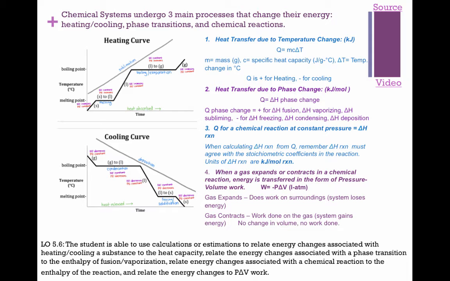And then if you wanted to go all the way from here to here, you're going to do Q equals MC delta T, plus Q equals M delta H, plus Q equals MC delta T, plus Q equals M delta H, plus Q equals MC delta T. So you're going to be doing what? 1, 2, 3, 4, 5. You'll be doing 5 calculations and adding them all together.